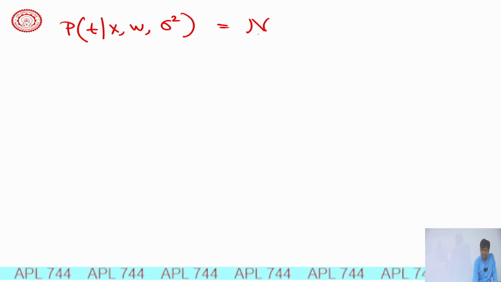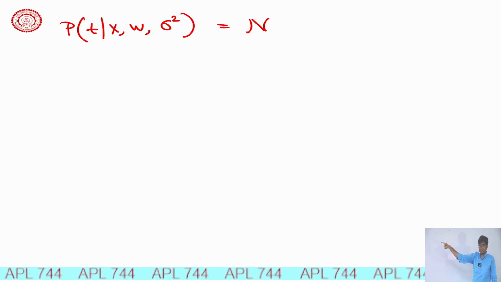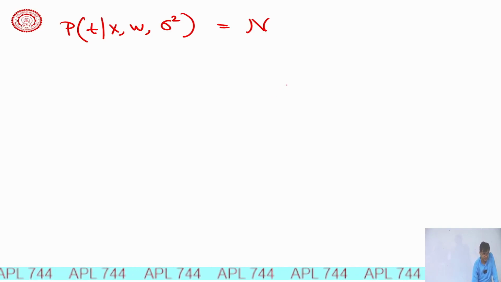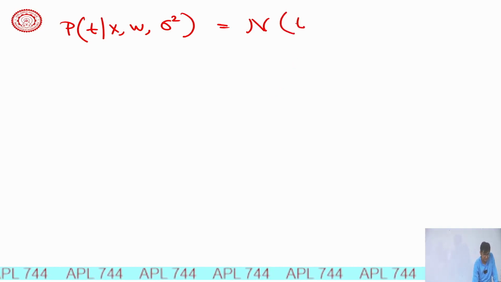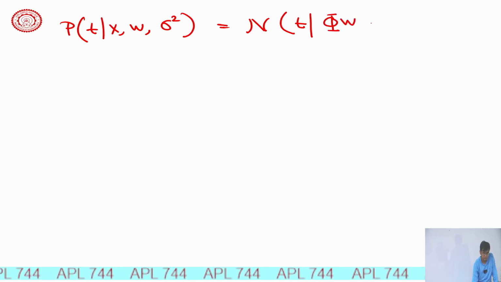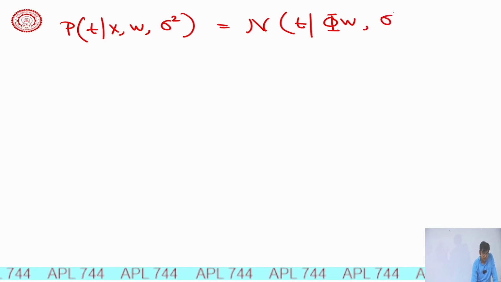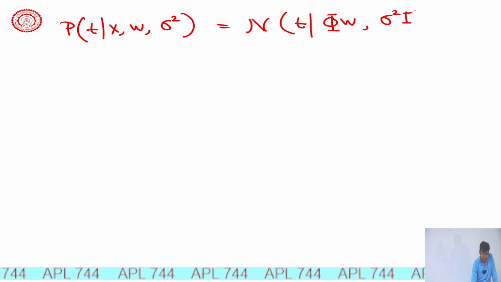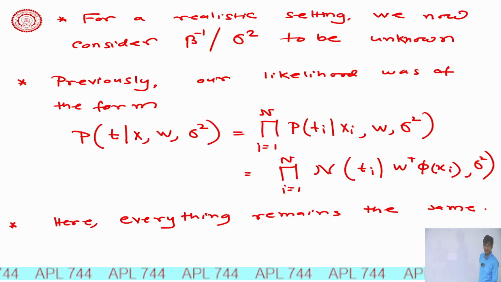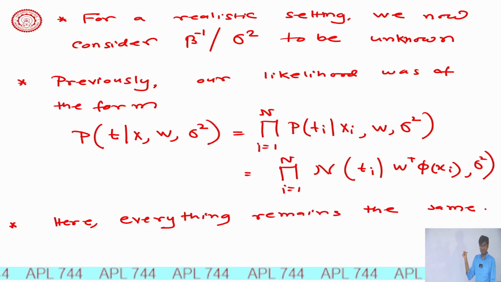Now, instead of writing the product, I am writing it in a multivariate Gaussian form: N of t given phi w comma sigma square I. w transpose phi became phi w because phi is the design matrix we built earlier.